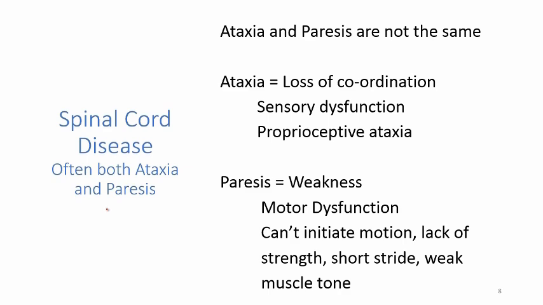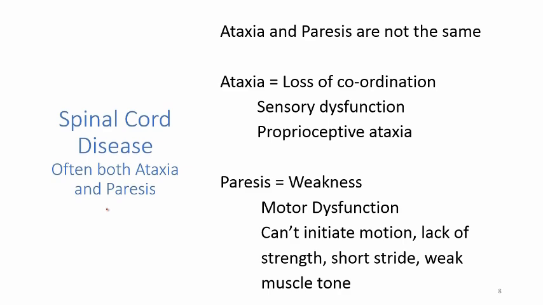Now, when we look at spinal cord disease, a lot of times people are confused about what is really the difference between ataxia and paresis. I will read some reports that say the animal is non-ambulatory, and I will talk about paresis and whether it's ambulatory or non-ambulatory, and people get very confused with this.